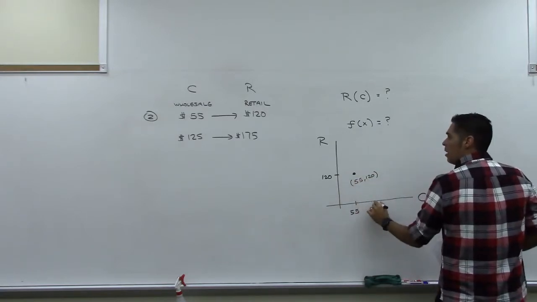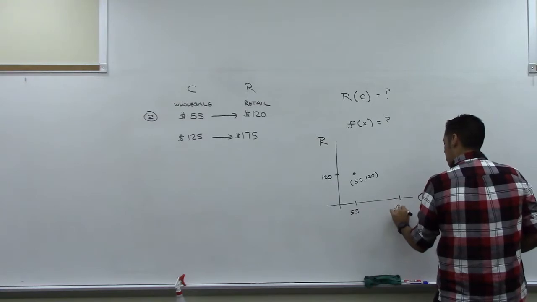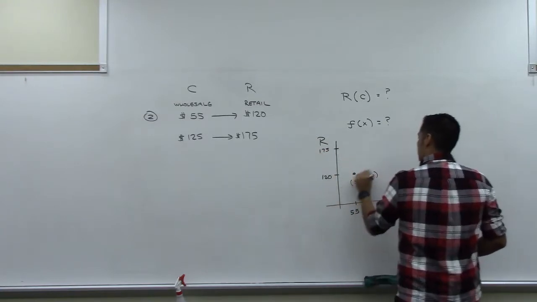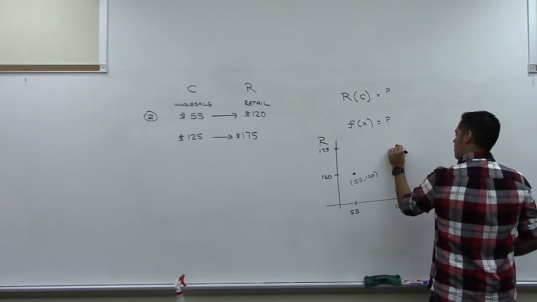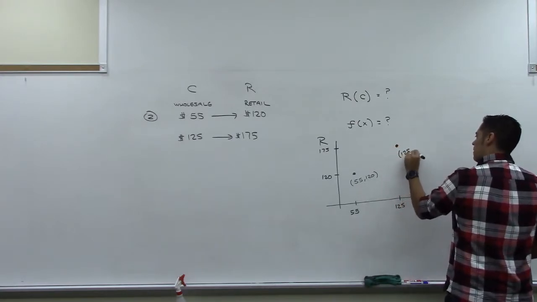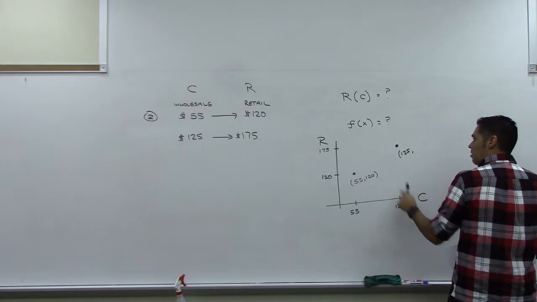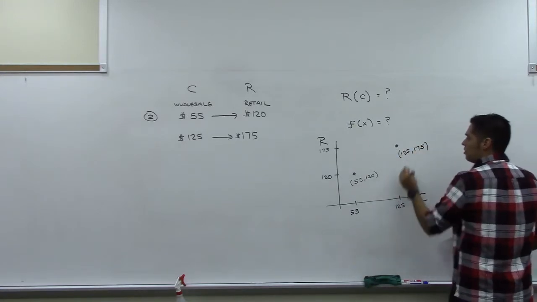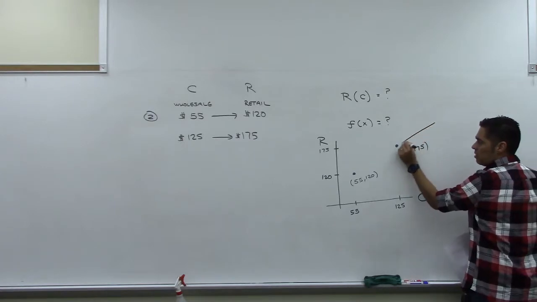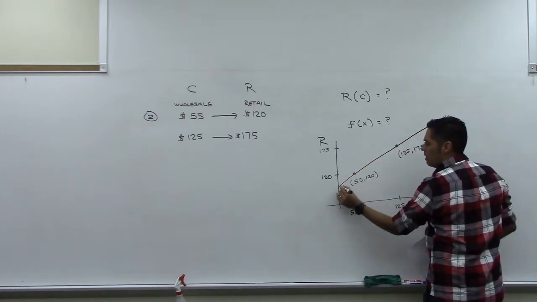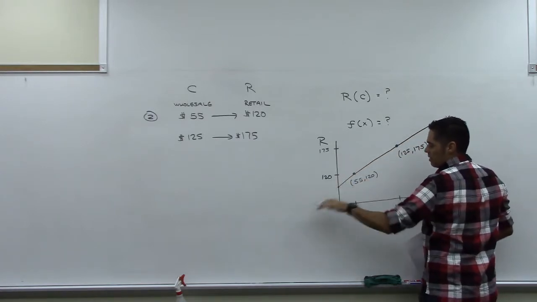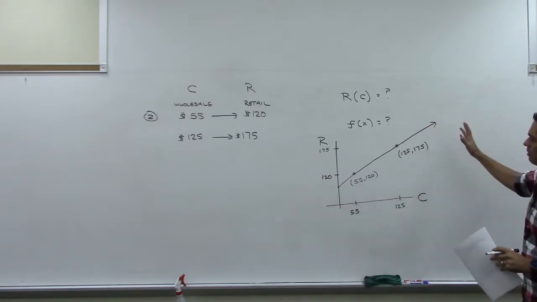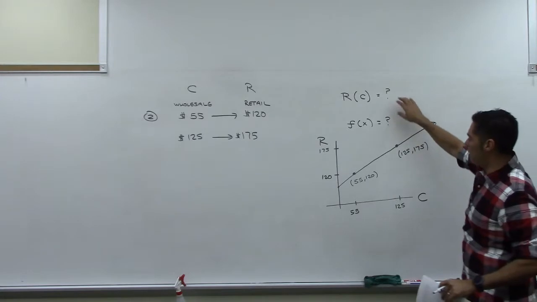And then if we bought the drug for $125, a different drug, and marked it up to $175, this is another point, and we can look at it as an ordered pair. $125 is the wholesale cost, and then the retail cost that we sell it for is that. We're assuming that this is linear, so that there's a line connecting these two. And of course, we'll have to stop it here because we're not going to have negative cost. And this is our linear function. We're trying to figure out what is that linear function.